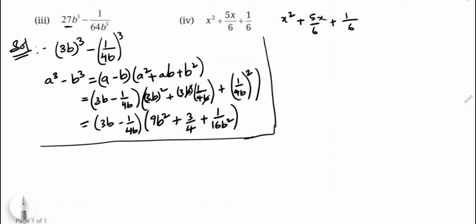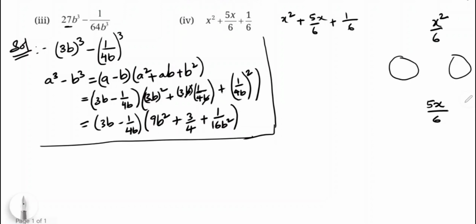This can be written as, first we will multiply the first term and the last term, so we will get x square into 1 by 6, that will be x square by 6. And the middle term is 5x by 6. Now we need to think of two numbers such that if we multiply them we should get x square by 6, and if we add them we should get 5x by 6.